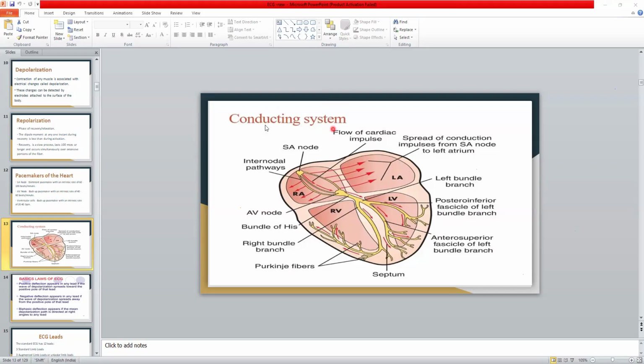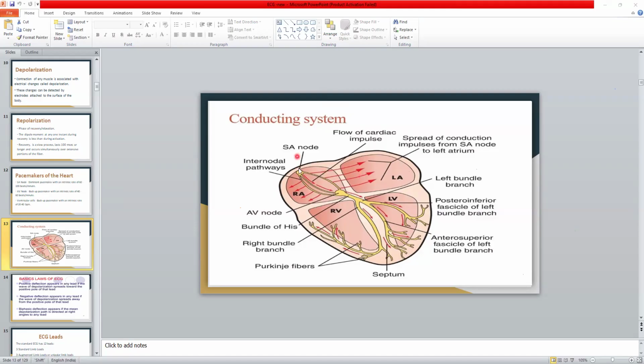Okay. So when the electrical impulses are generated at the SA node, they pass through the internodal pathways. These are the three internodal pathways which transmit the impulses to the right atrium and the left atrium.